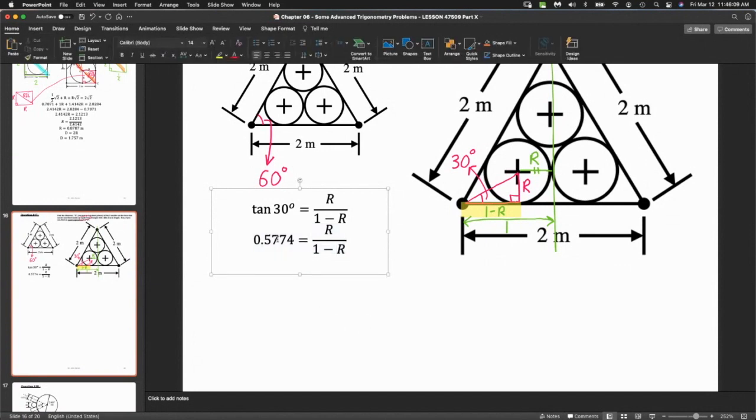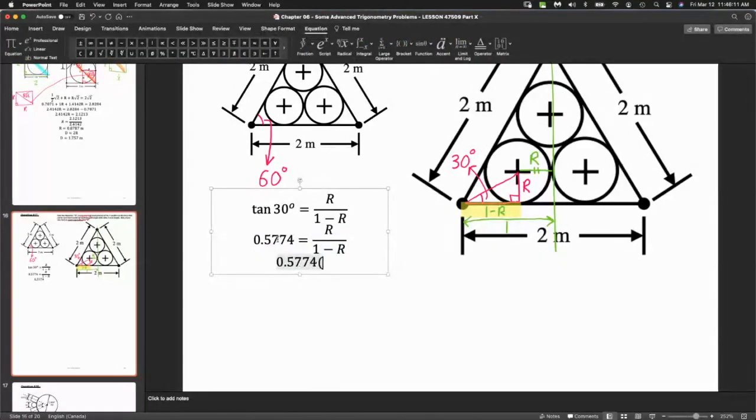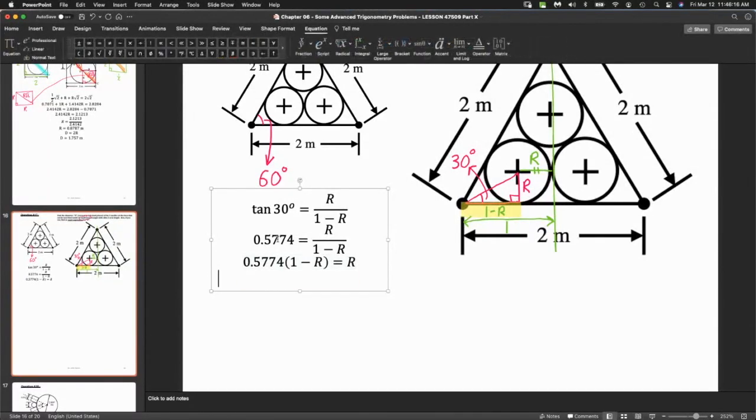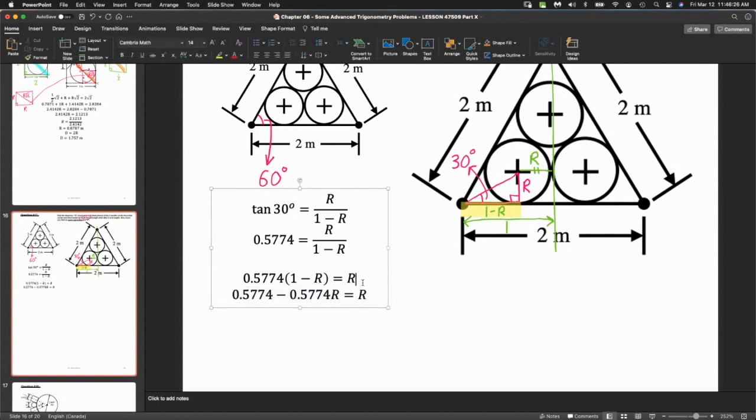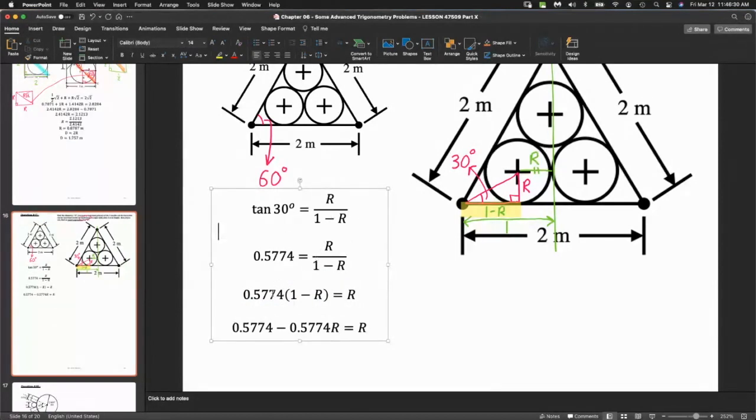And then we're gonna cross multiply. And then we'll distribute. So just walking you through the motions here. We have the 0.5774.